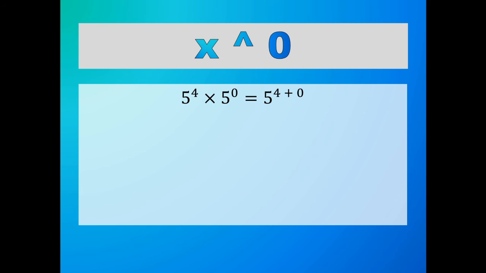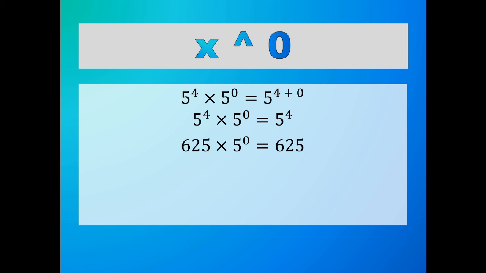But anyway, what we're doing is adding the exponents because we're multiplying 5 to the 4th and 5 to the 0th. Now we can simplify 4 plus 0 to 4. This is based on the additive identity of 0, that anything plus 0 is that anything.